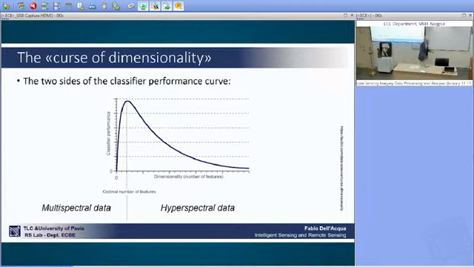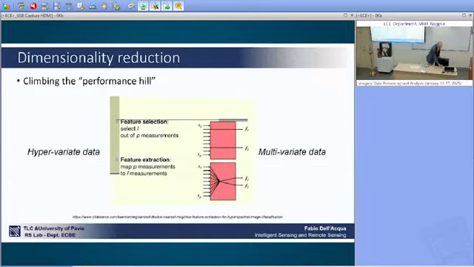So in general, what you have to do is to move from many bands to either a selection of these bands, which is called feature selection, or to generate more synthetic bands which summarize the information that you are looking for.